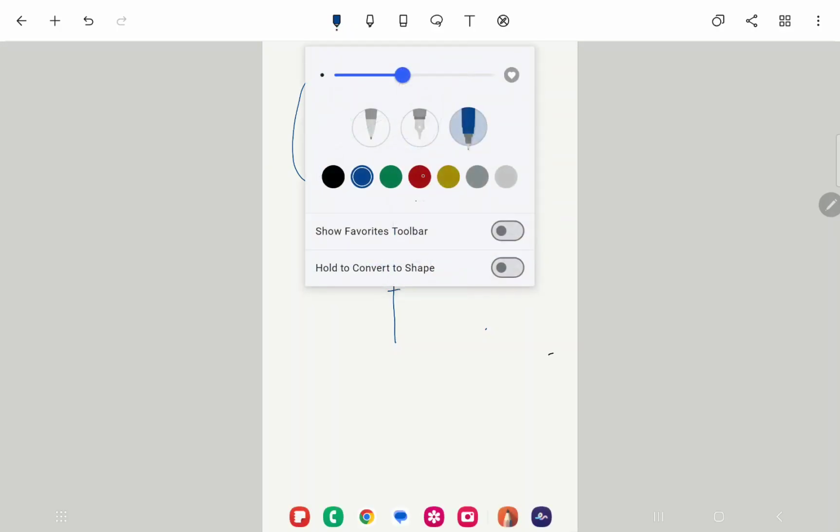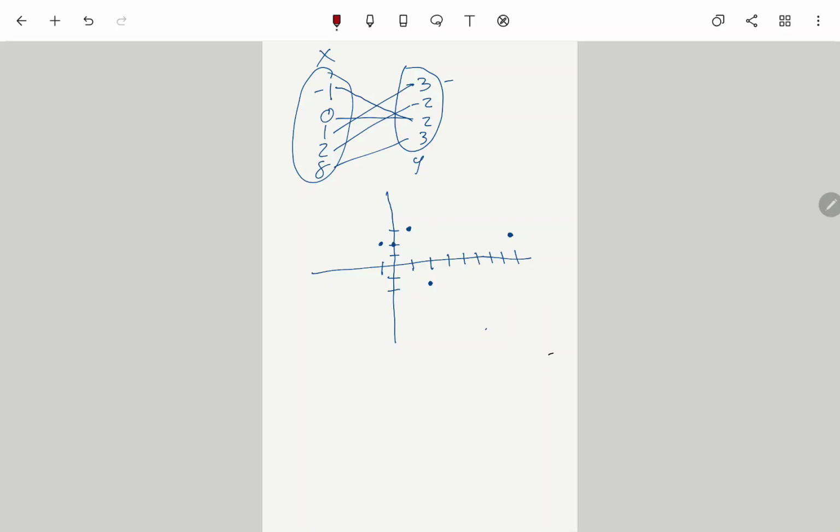And then if you draw a vertical line here in each point, you see it's not touching another intercept, it's only touching one point, so that means it's a function.